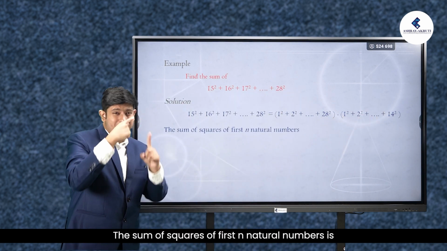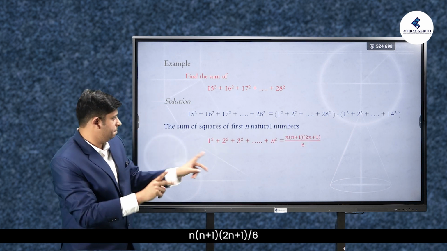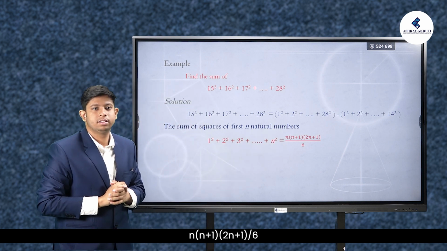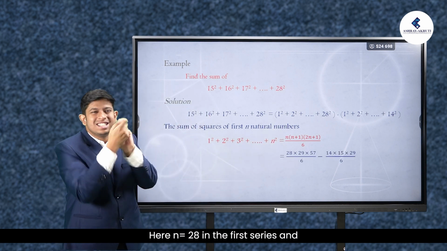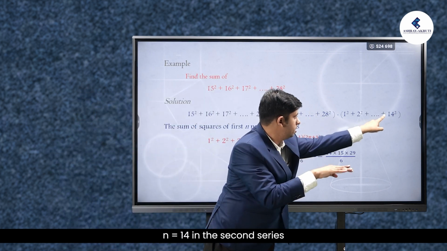We know the sum of squares of first n natural numbers is n into n plus 1 into 2n plus 1 by 6. Here n is equal to 28 in the first series and n is equal to 14 in the second series.